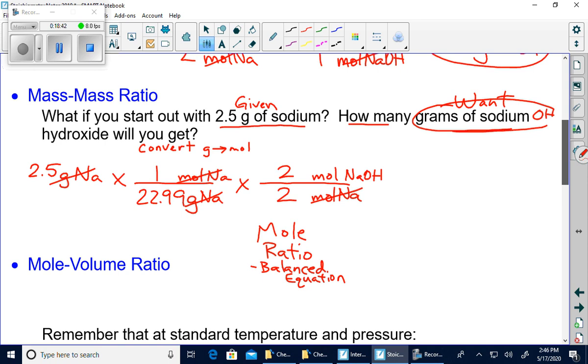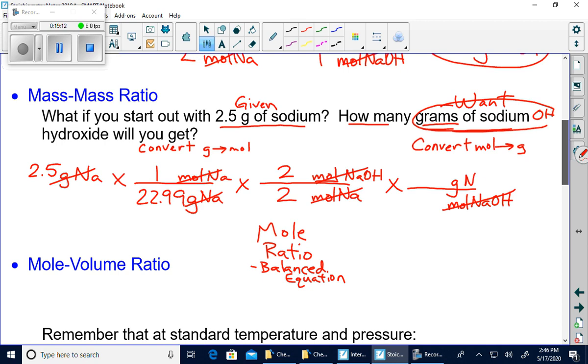Okay, I'm still not done because I want to get to grams. So my last step then is, if I stopped right here, I would be in moles of sodium hydroxide. So now I need to convert from moles to grams of sodium hydroxide. So I need another conversion factor, and I need to put moles of sodium hydroxide on the bottom so that cancels.